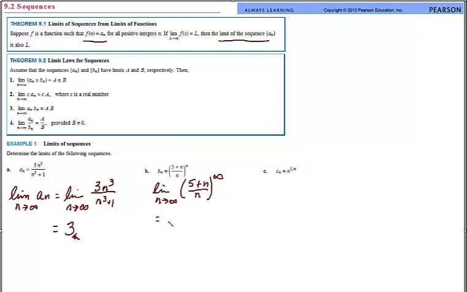Let's write limit as n goes to infinity of, oops, I wrote infinity there and meant to write n, sorry. So as n goes to infinity, this is going to go to 0, so I'm going to have 1 to the infinity. If I have 1 to the infinity and I've got this n here, I think what I'm going to do is use my log properties.